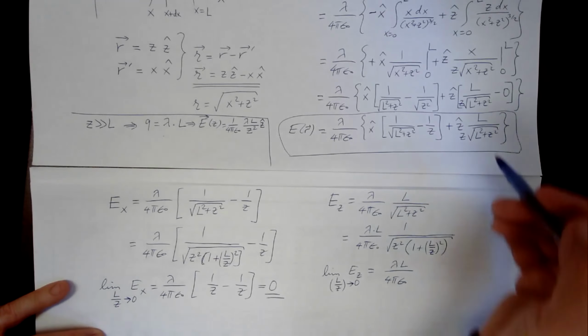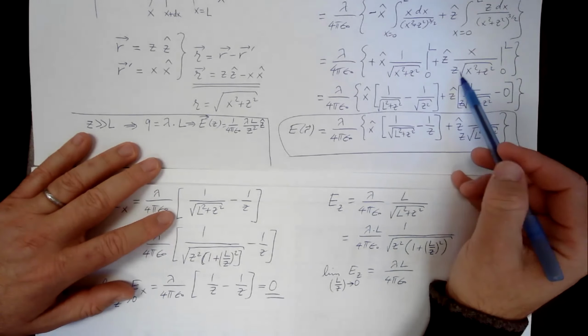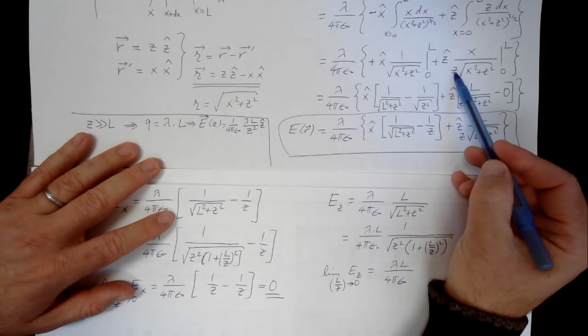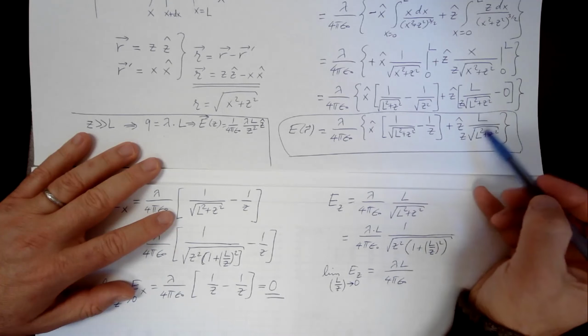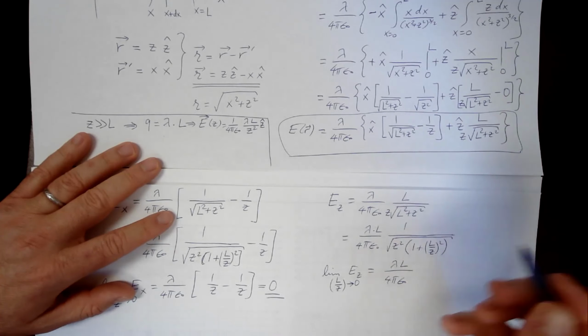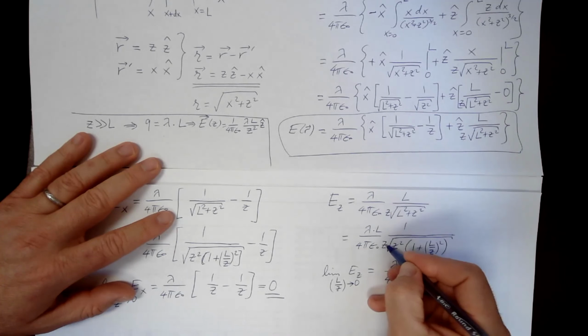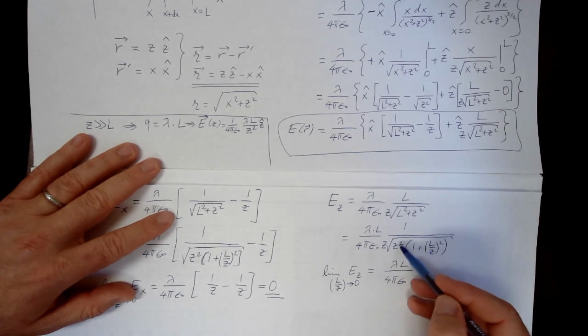I think I copied something incorrectly. I'm just noticing it. I just corrected it. I had one z here. I forgot to copy it over. So there's another z here, another z here. So that's z, and then take the square root of z squared.